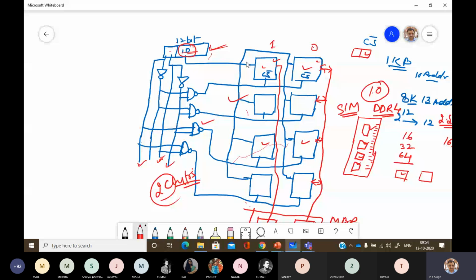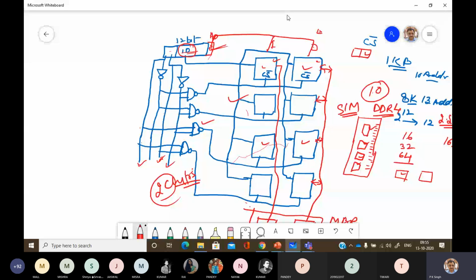You can use a second level of chip select signal, and that may be generated with A0. If A0 is 0, it will select the even memory bank. If A0 is 1, it will select the odd memory bank.